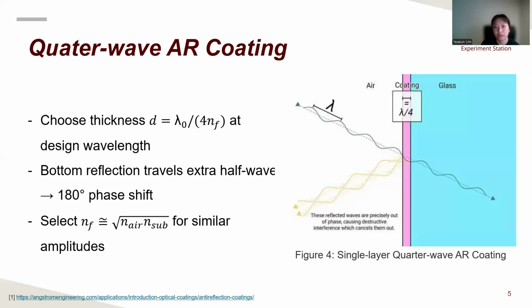To make their amplitudes similar, we choose the film index close to the geometric mean of air and substrate, which is n_f almost equal to the square root of n_air times n_substrate. In practice, we use tools like the transfer matrix method to calculate the full reflectance spectrum versus wavelength and angle, but the basic idea is simple destructive interference.